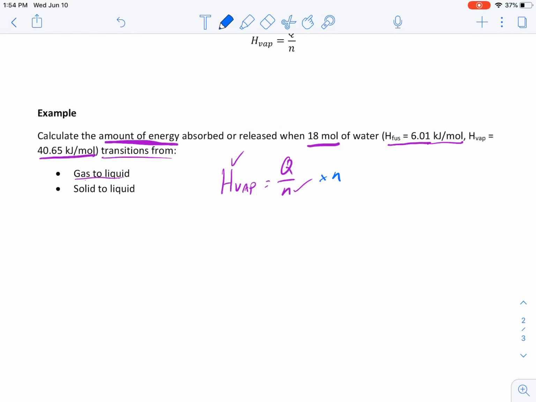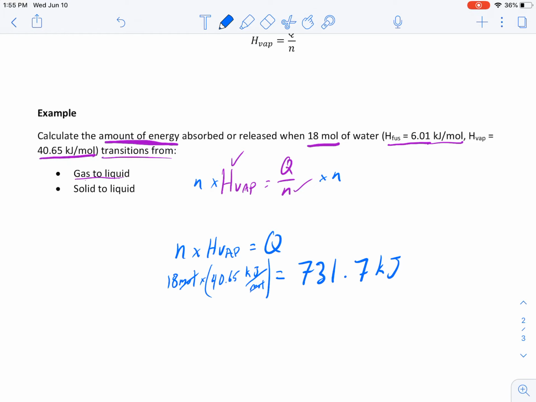We're going to multiply both sides by N, and you get N times HVAP is equal to Q, which in our case is 18 moles times 40.65 kilojoules per mole. Our units will cancel, which is great. That's how you can always tell if you're right. And we get 731.7 kilojoules.